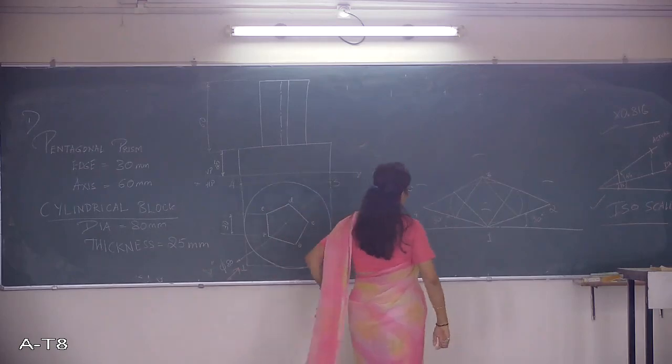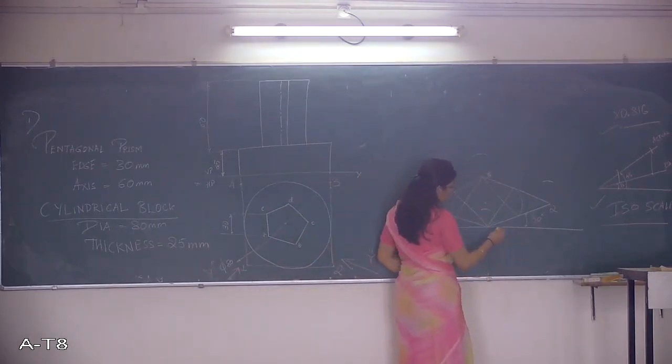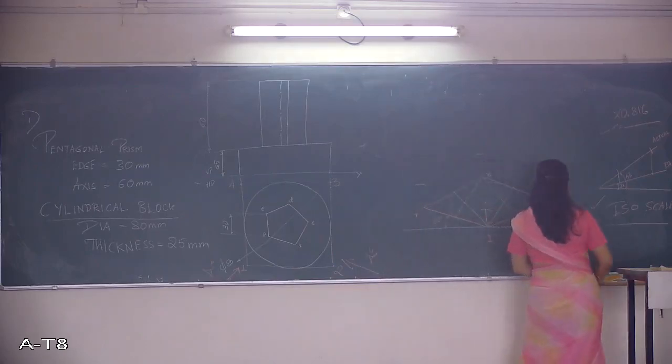Once I have done this, the next thing is take a protractor and from here mark a 90 degrees line such that it will cut this line somewhere here, cut the arc, and you get the point here.